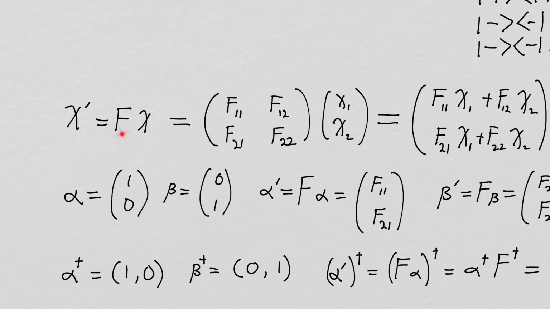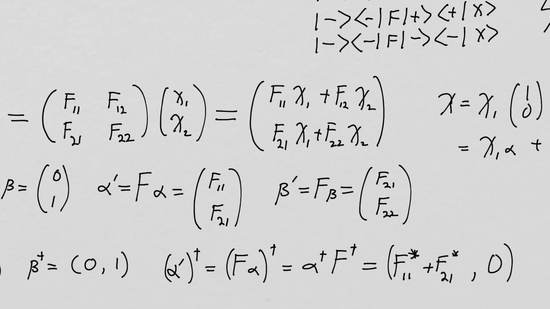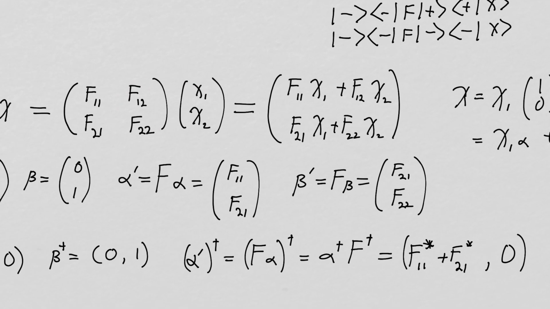I could even identify this operator with a little hat, but it's pretty clear what's going on. So this operator is now a matrix, and we need to have these four numbers specified. We know the arithmetic of matrices. That's what we're exploiting here.